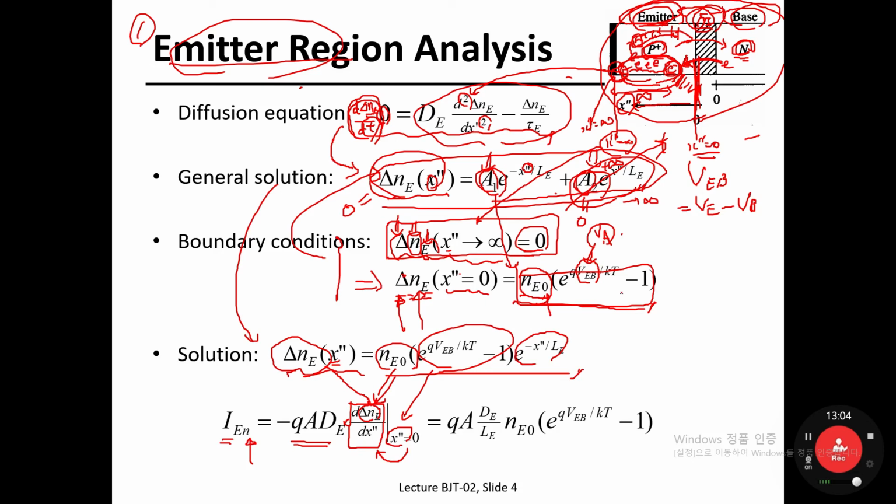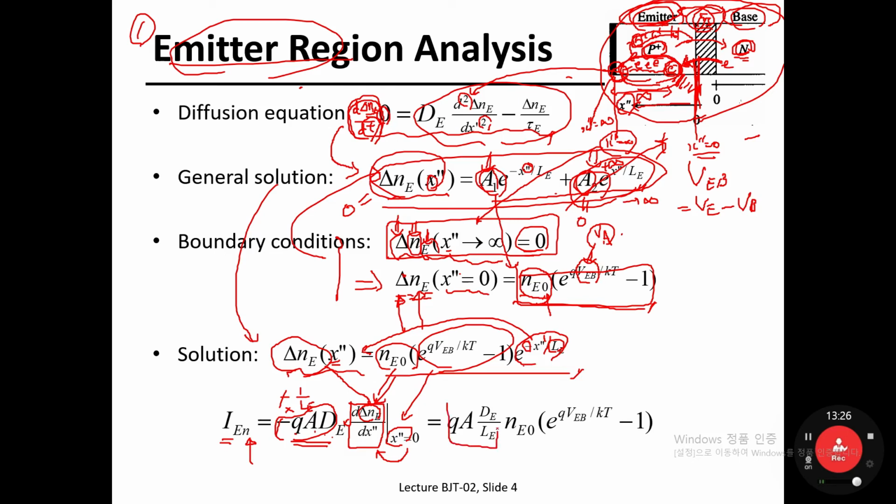So take the first derivative of it, and the minus 1 over L sub E should jump out, right? And that minus 1 over L sub E would be multiplied with this coefficient. So minus minus would cancel out. So in the end, the qAD divided by L sub E.